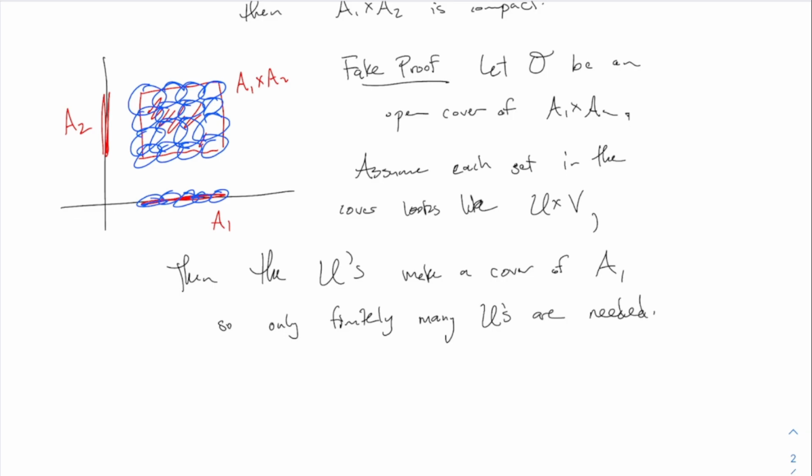That's because A1 is compact. And then similarly, you could send them over the other way into A2 by ignoring the U part and considering only the V part. So for the same reason, the V's make a cover of A2, so only finitely many V's are needed.